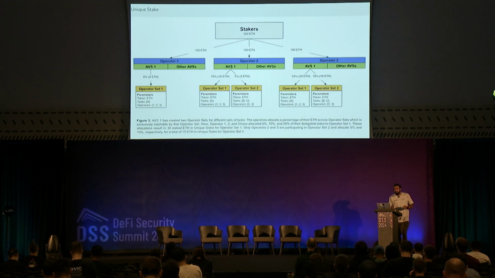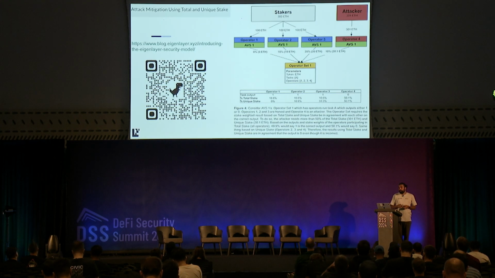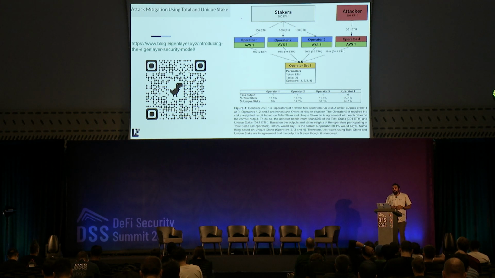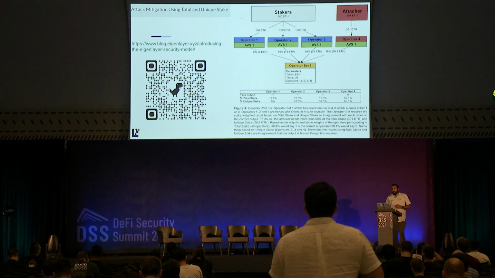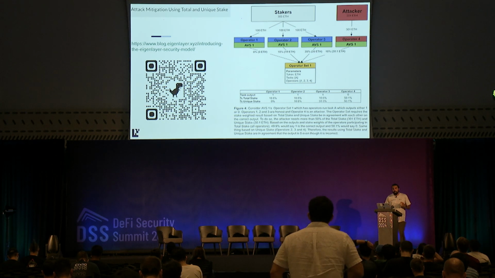So if you wanted to, for your AVS, you can choose a rule like, I need 50% consensus on both total stake and unique stake. So these things have good properties.